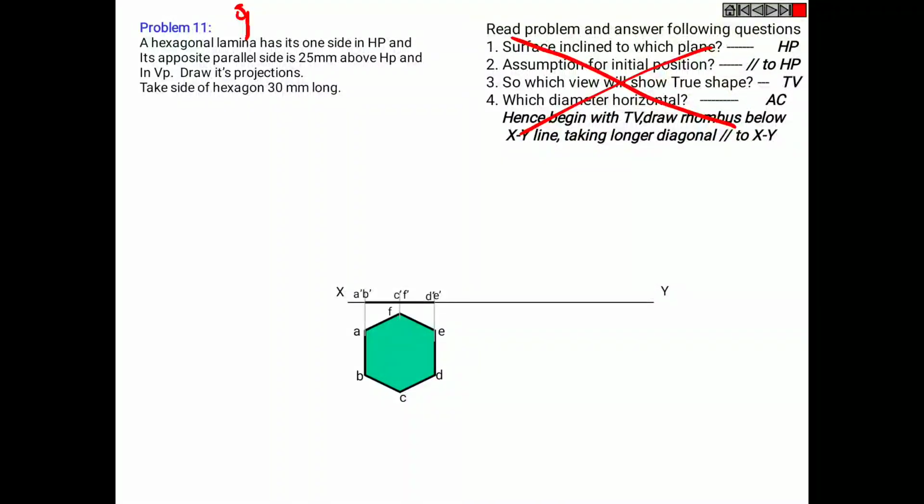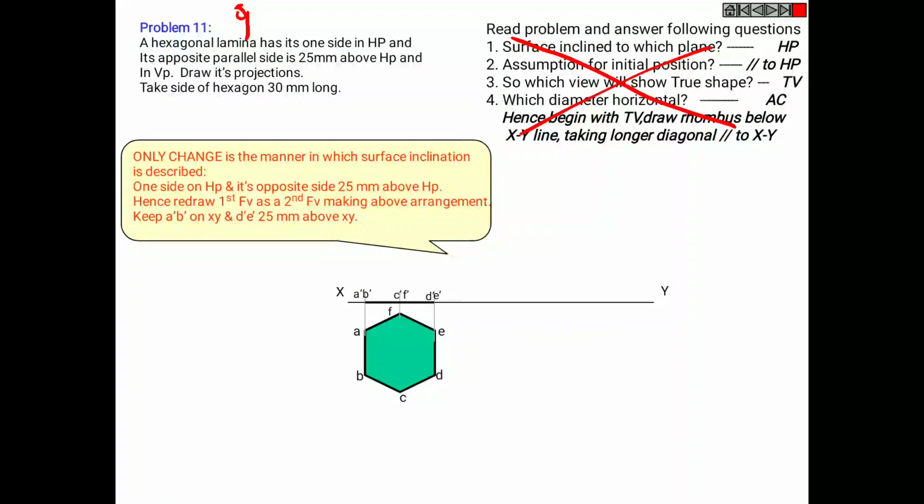That will be your A dash, B dash, C dash, F dash, and D dash, E dash. Now he's telling you the only change is in the manner in which surface inclination is described. One side in HP and its opposite side 25 mm above HP. So hence redraw first the front view as a second front view making the above arrangement.